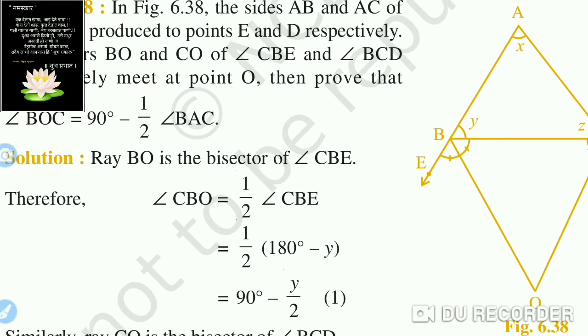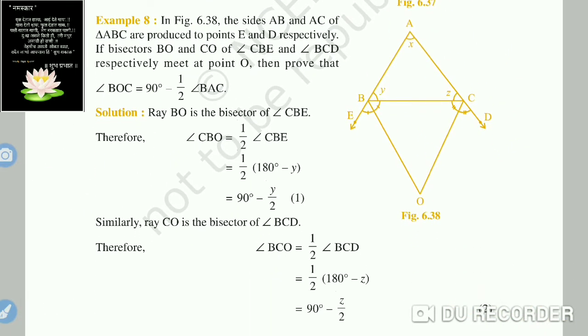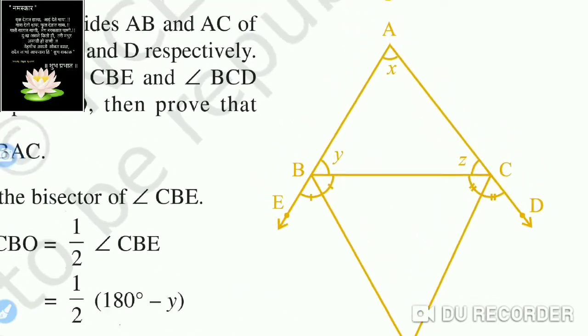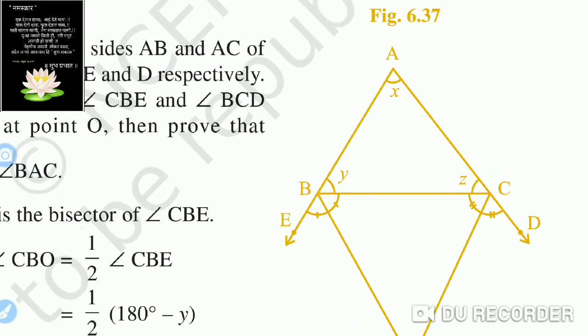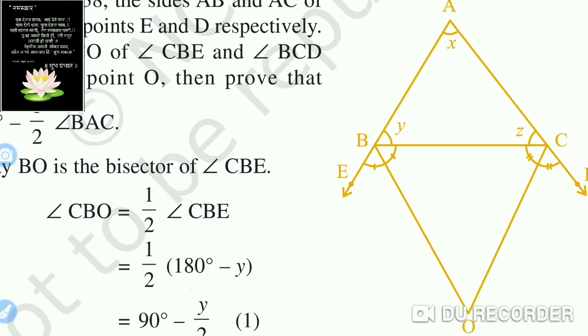Now let us see how to prove this. See here, we have considered this angle X, this angle Y, this angle Z. Okay. So ray BO is the angle bisector. So CBO will be half of CBE, because bisector. So 1 half into CBE.